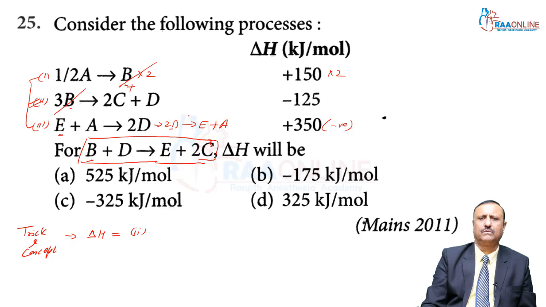When you see that 2D gives E plus A, here reverse and half of this equation, reverse and half, because when divided by 2, then my dear students, you can see this half A and this half A are cancelled with each other.